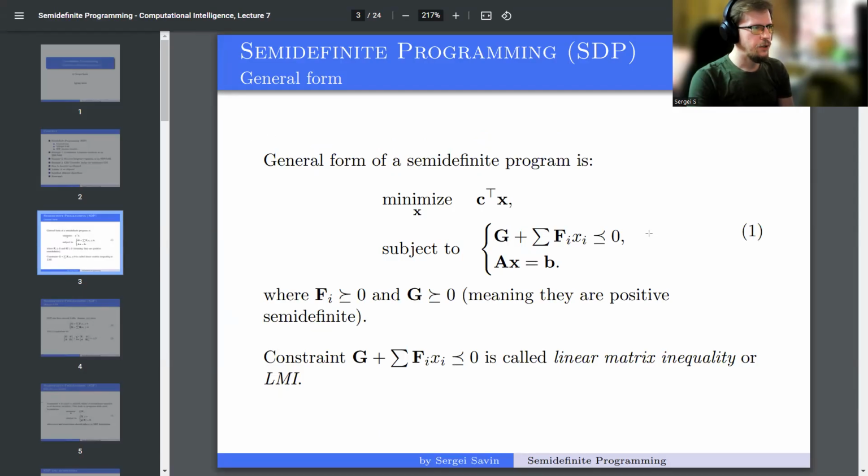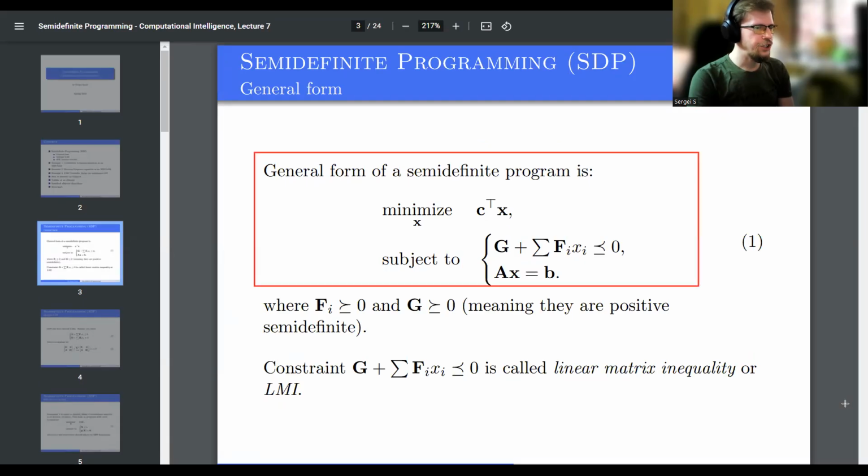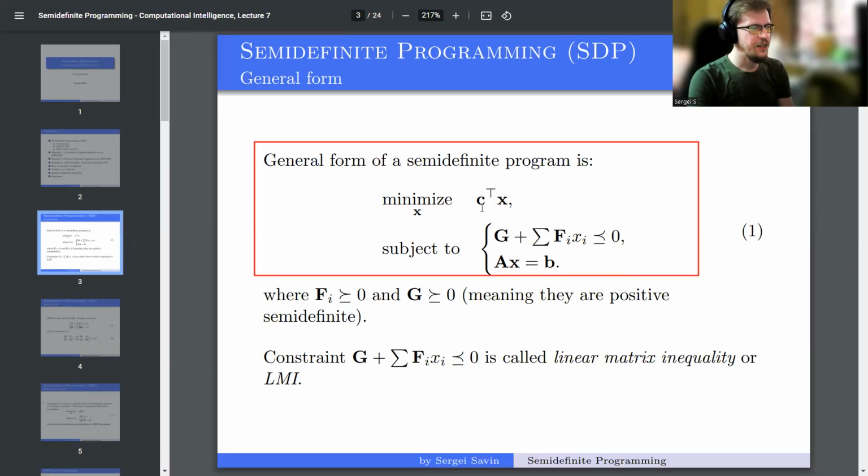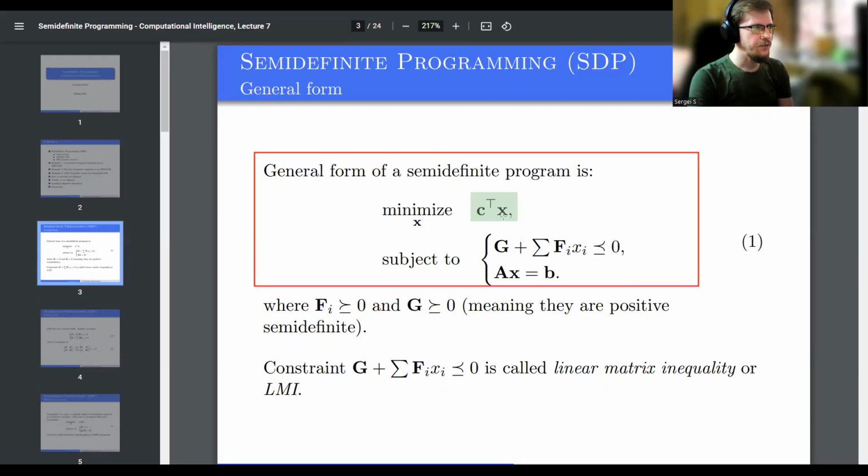The general form of this type of optimization looks a little bit mysterious, like this, where you have a linear cost. Now you have a constraint that looks like this.